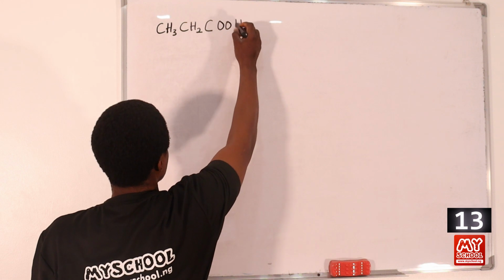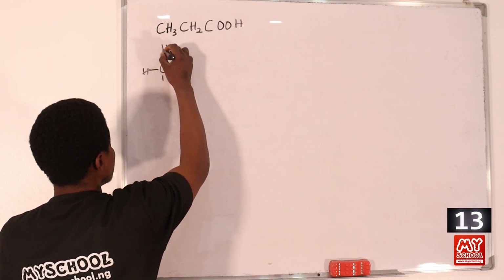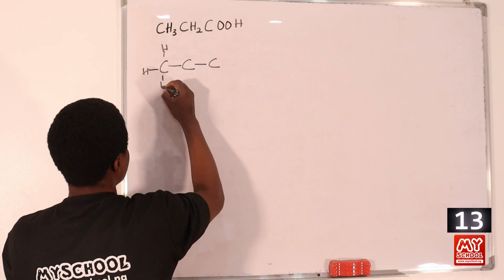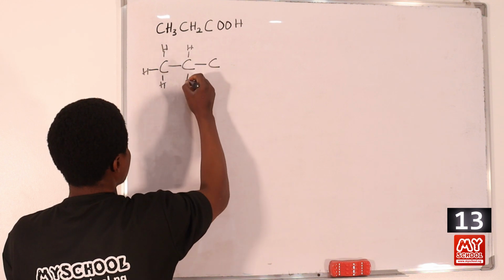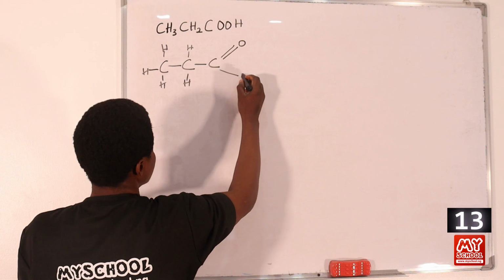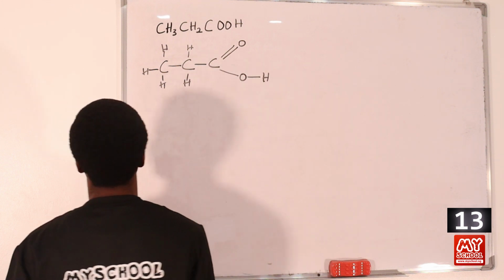If you draw this, we have carbon 1, 2, 3, hydrogen here, hydrogen here, then a double bond oxygen, then we have oxygen and then hydrogen, okay? That's the structure of propanoic acid.